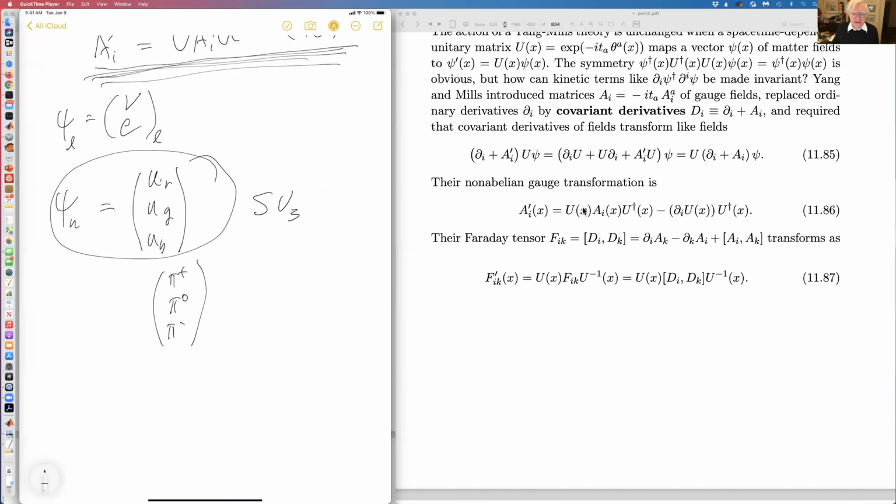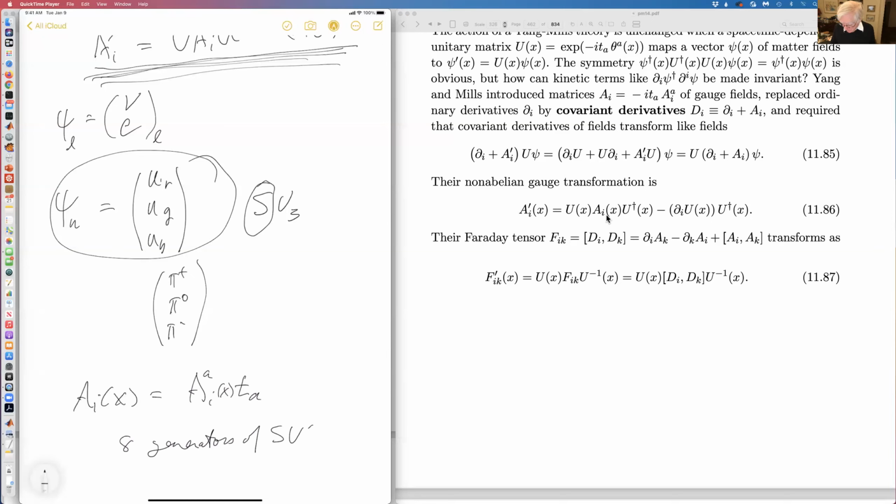They might be 9, but for the group SU3, this requirement that all the determinants be 1 means that the last generator isn't there, and so there are 8 generators, and of course that's why there are 8 gauge fields, because this A_i of x is actually a sum of T^a A^a_i of x summed over the a's, and there are 8 generators of SU3.